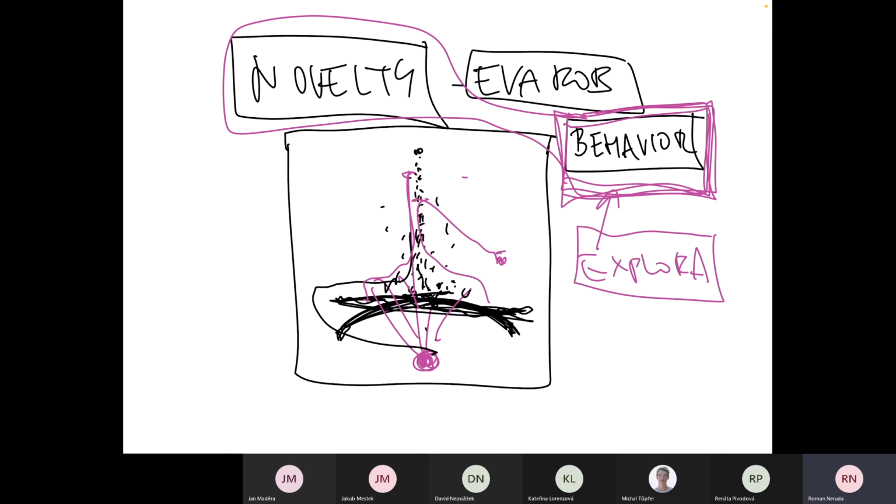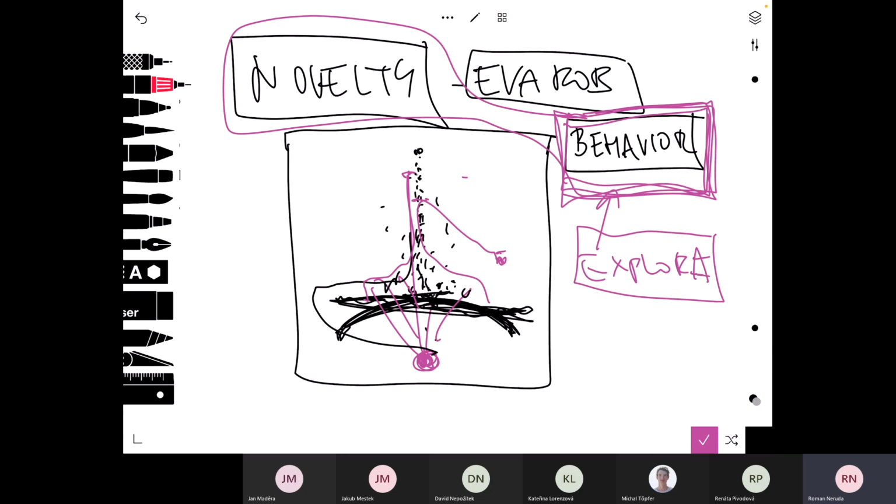So the basic idea is that you want to explore, but you want to explore the phenotypes, what the phenotypes are doing. So you're searching for different novel behaviors, right? Not necessarily the genes, right?